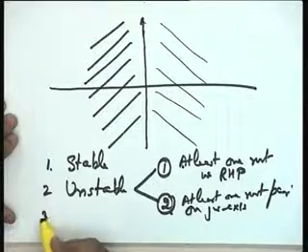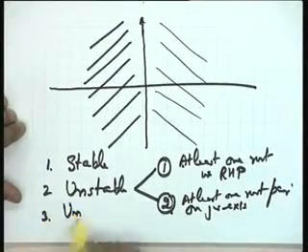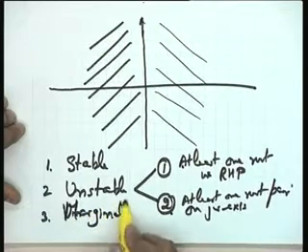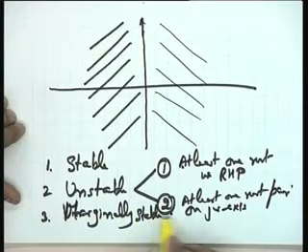The third situation is captured under the definition called marginally stable. A marginally stable system is that system which we have defined this way: it has all the characteristic roots in the left half plane, but for some simple roots on the imaginary axis. The word simple should be very carefully noted, that is, these are distinct roots, could be a root at the origin, could be a root pair on the j omega axis, but these are not multiple roots.